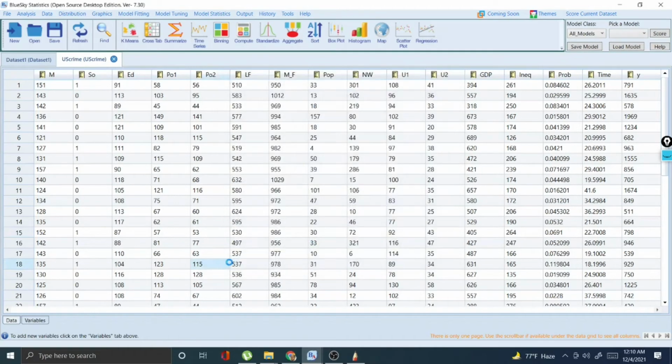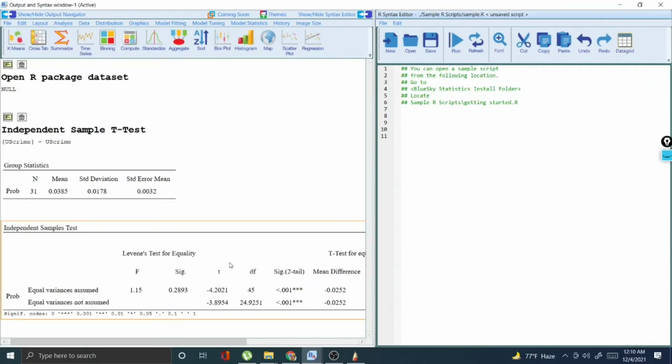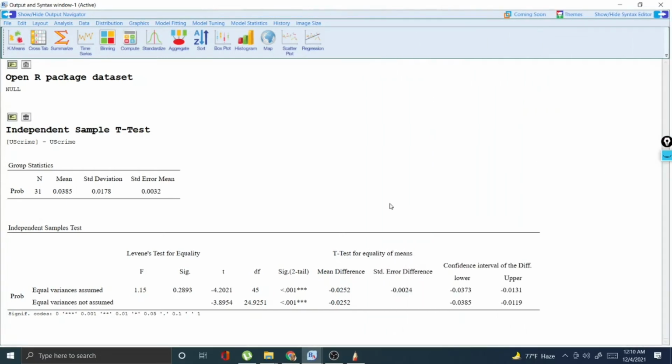Now let's press OK and see what happened. Now you can see that BlueSky Statistics gives you a very nice table as the outcome, showing that the probability of these two groups is significant. If you go to the significance level, it is very highly significant, which is 0.001. So they are highly significant.